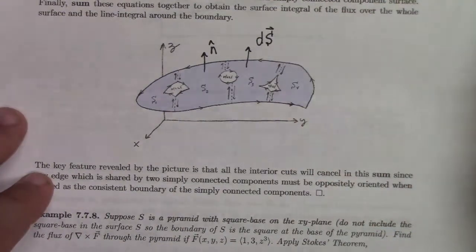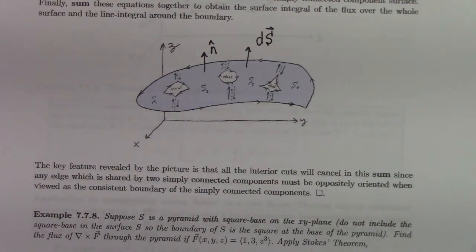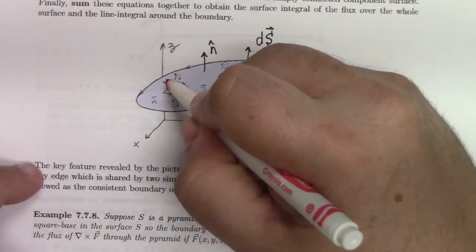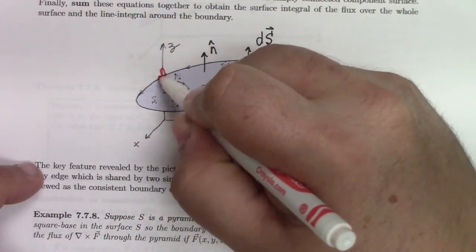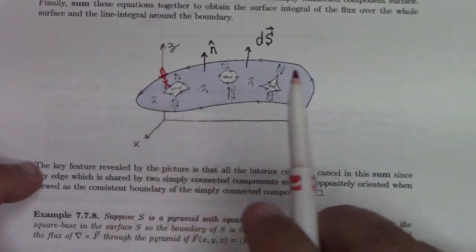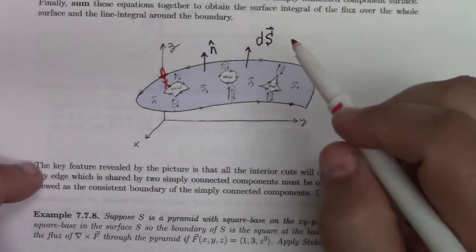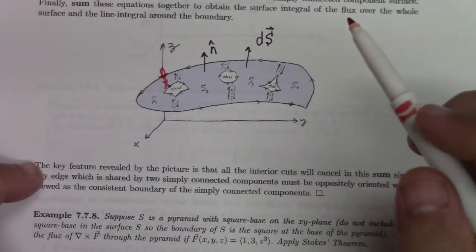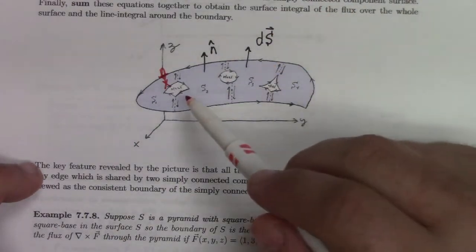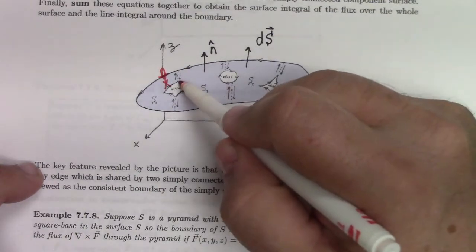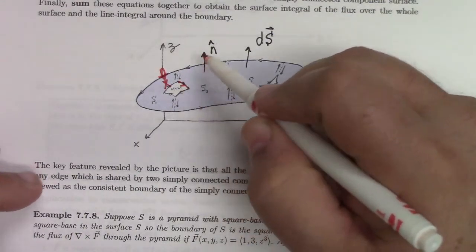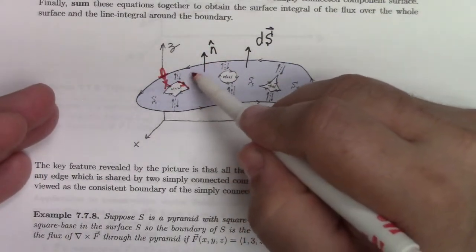So again, if you can imagine yourself a little dude walking along the hole, the surface should be on his left as he's walking. And if you look at it, if he walks like this on that edge, the surface is on his left.